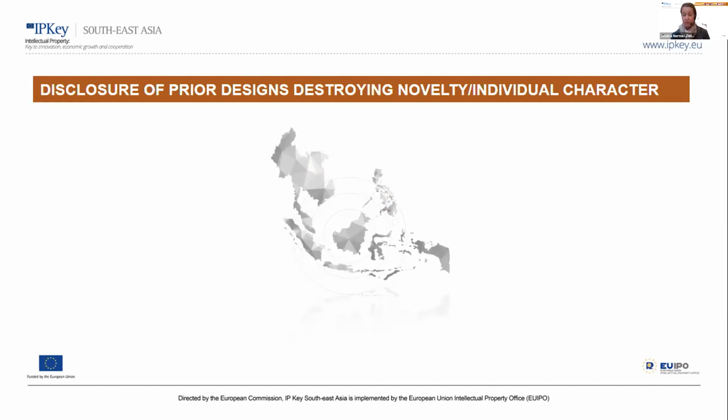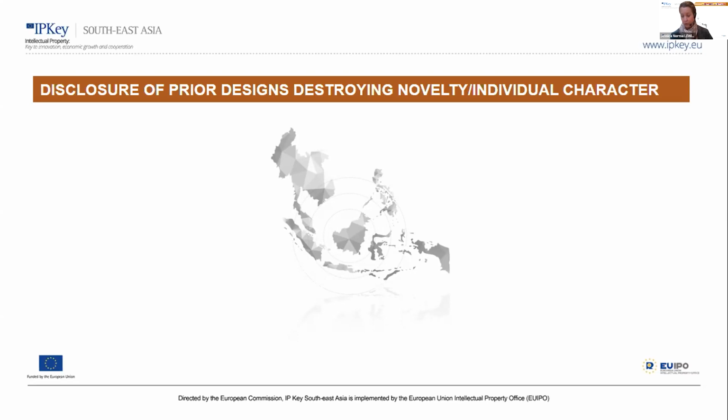Disclosure of prior designs is an important issue when designs are attacked for lack of novelty or individual character. Because the first step for the person attacking the design in invalidity is to prove that an earlier design was disclosed.